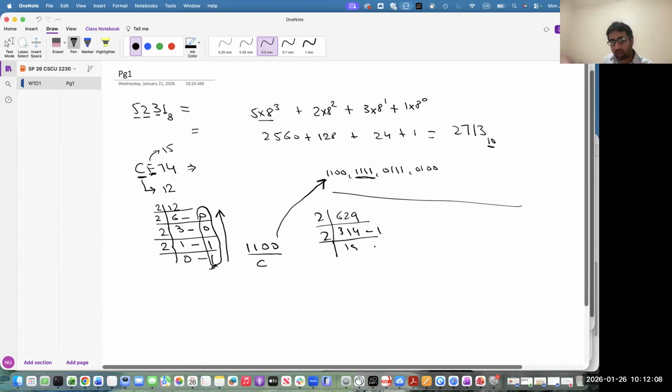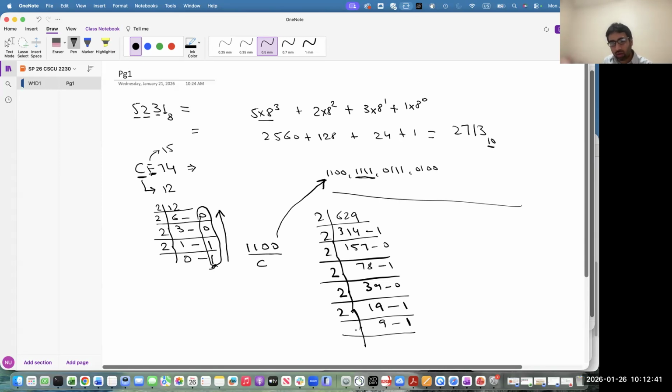And 157, and you get a remainder of 0, right? 78 and remainder of 1. 39 and remainder of 0. 19 and remainder of 1. And 9 and remainder of 1.